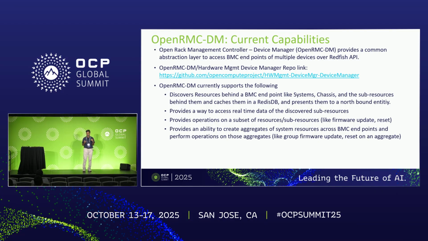It provides real-time access to this data for telemetry. If you want to do GETs on all those URIs, it provides you a way to do that. It also provides a way for you to do operations on a subset of resources. By operations, I mean stuff like firmware updates or resets, like actionable entities.